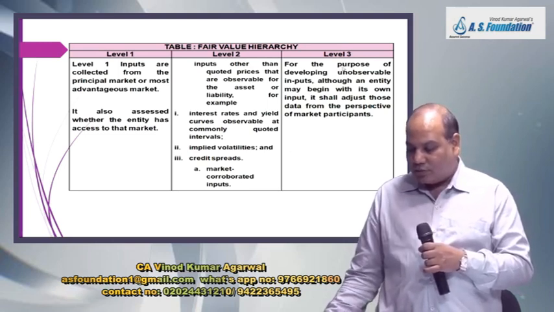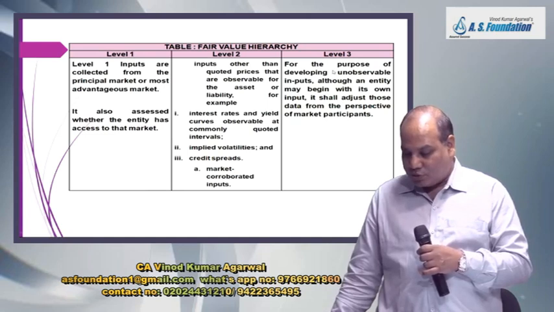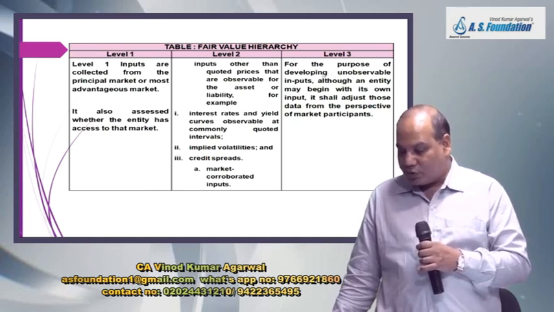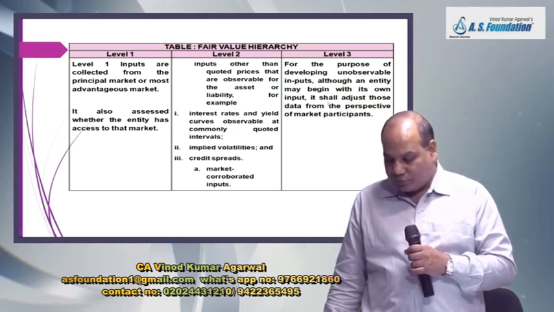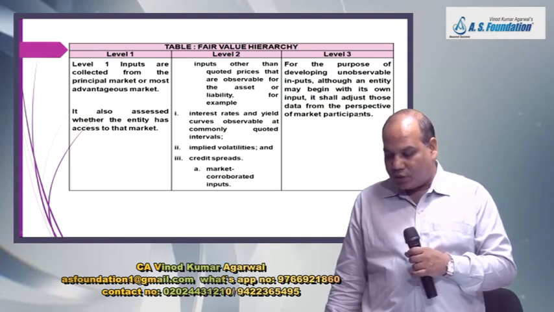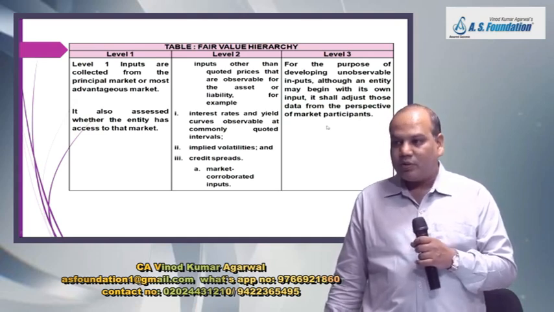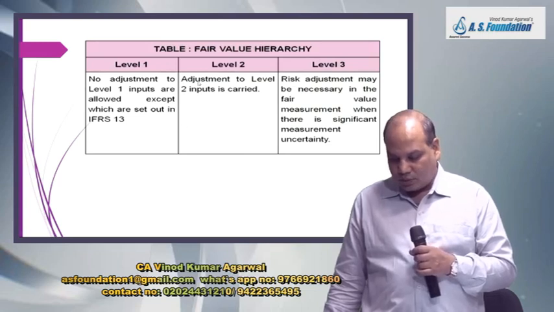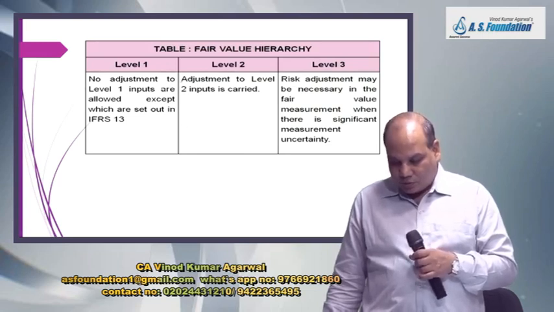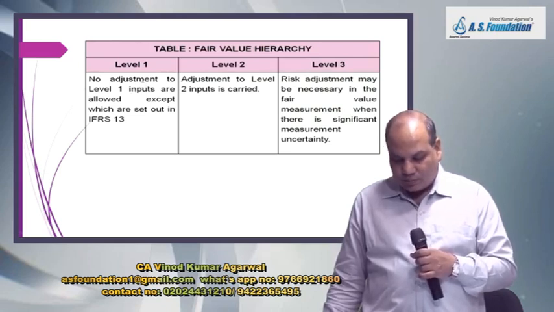And the third one, what can we say? Because we don't have any observable input here. For the purpose of developing unobservable input, although an entity may begin with its own input, it shall adjust those data from the perspective of the market participant. Now, what about the adjustments to be made?